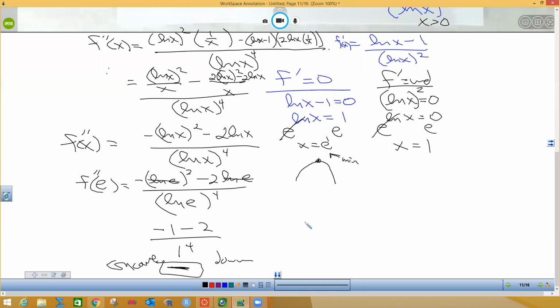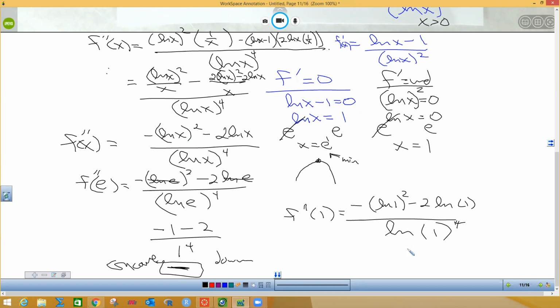Then I'm going to do the f double prime of 1. So I'm going to stick that in here. So I'm going to get negative natural log of 1 squared minus 2 natural log of 1, all over natural log of 1 to the 4th. Well, the natural log of 1 is 0.